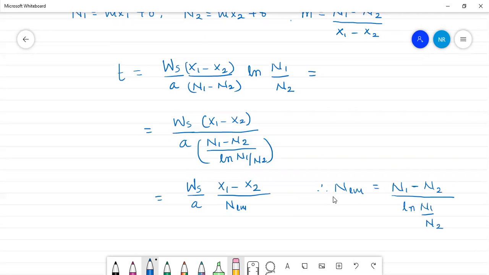This is the equation for the special case where the falling rate period is linear in nature.